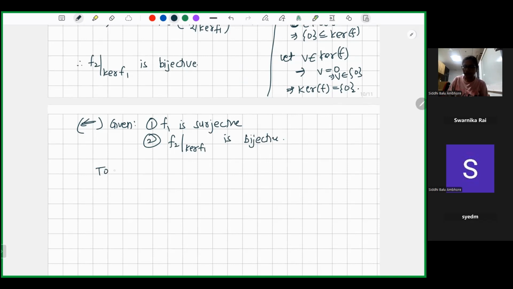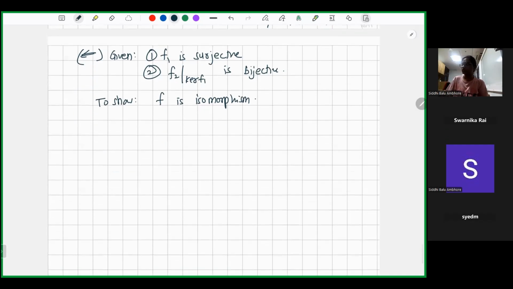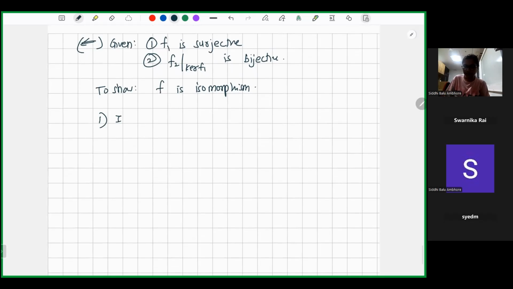And now I have to show that f is an isomorphism. To show that, I will prove those two conditions, that it is injective and surjective. So let us first start with injective. f is a linear map, the way f is defined.